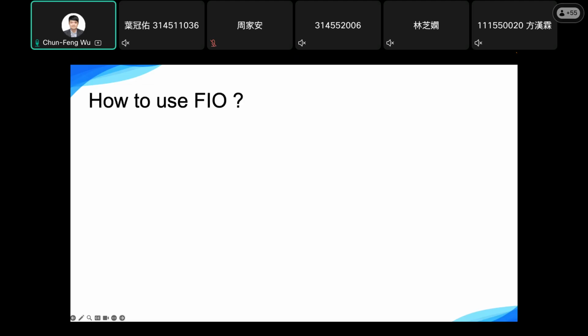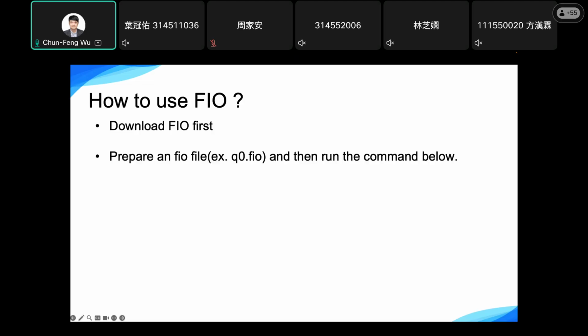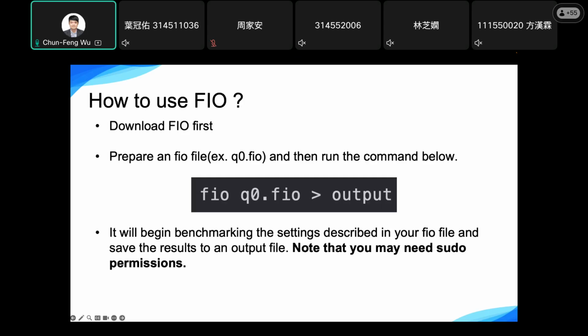So how to use FIO? First, you need to download it. Next, we need to prepare an FIO file. For example, you prepare a Q0 FIO file, and then we run the command below.